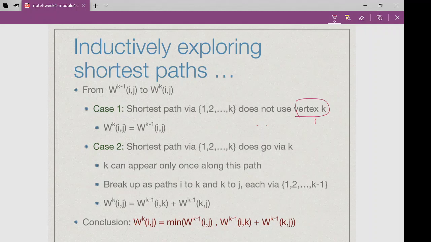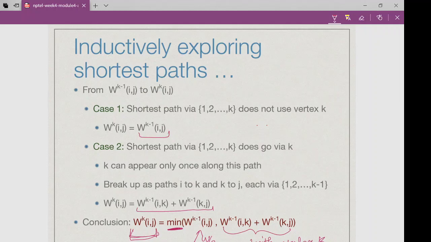If we take vertex k, this is the weight. If we don't take vertex k, this is the weight. So we just select the one with minimum weight. This is the weight without selecting k, and this is the weight with selecting vertex k. Whichever is minimum, we pick and put at this location.